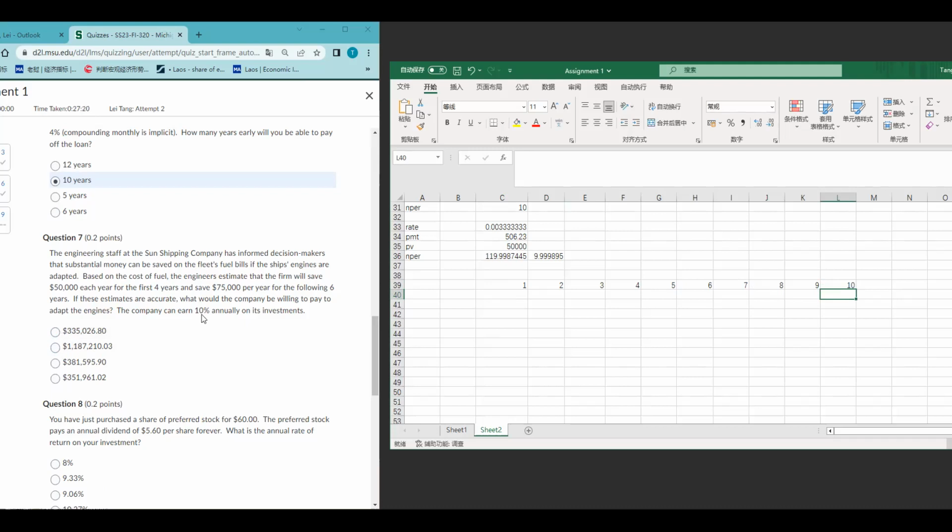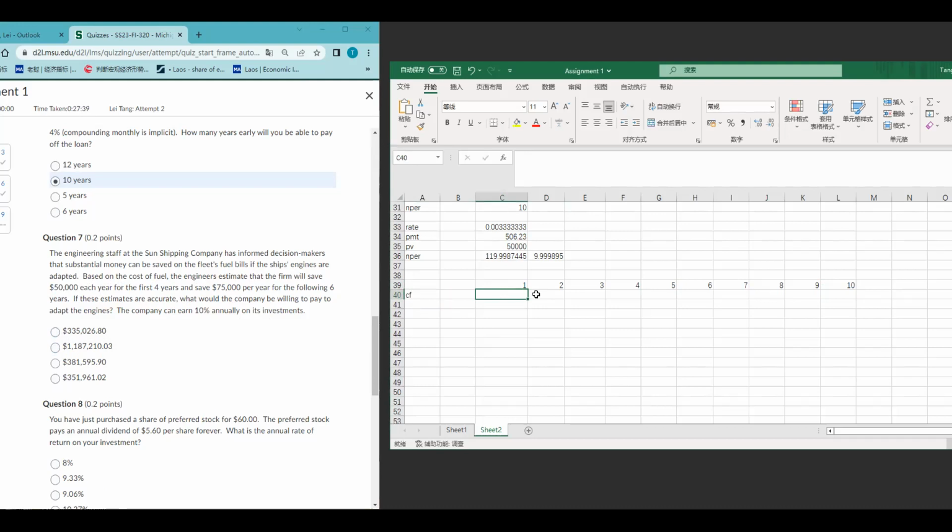Okay, 10 years. And the rate is 10% annually. Okay, first thing. So this is the cash flow, right? It is what we save.